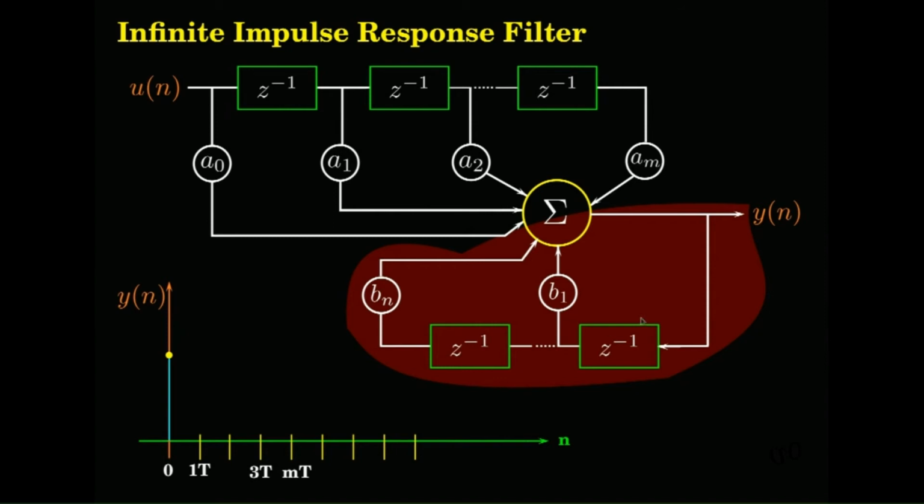So at time t equal to 0, if you take all other initial condition states as 0, all these initial condition states are 0. So only this will pass along like that, so this will become A naught. So the output will be A naught.